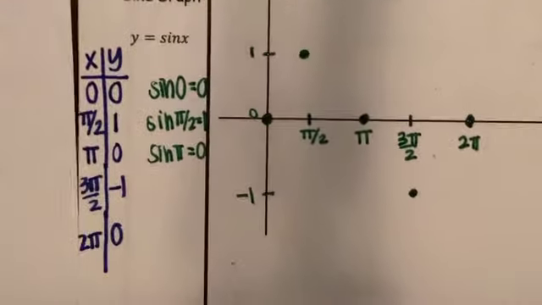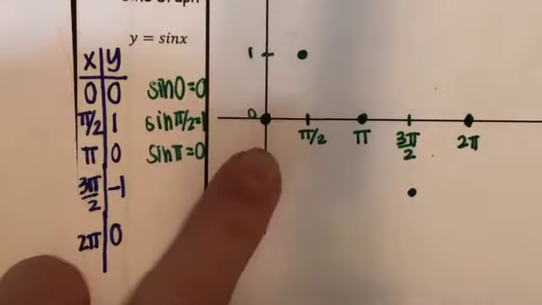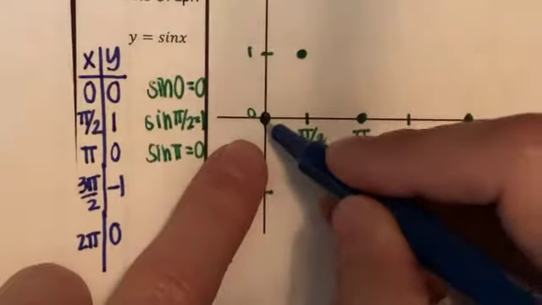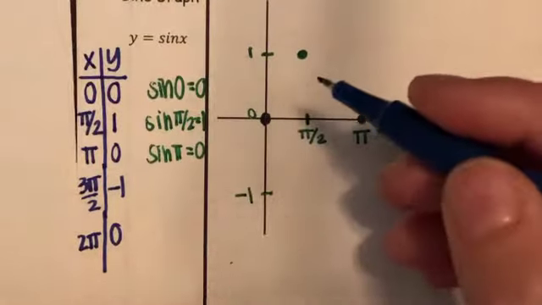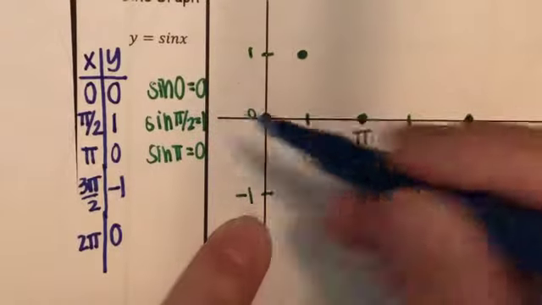So this, I understand, is very confusing. This is going to take a lot of practice, but I just want you to see where the shape of the graph comes from. Every single time you have a sine graph, it's going to cross through 0, 0, or for us, it'll kind of start at 0, 0. Even though it's not really starting there, there's a bunch of the graph happening on the left.